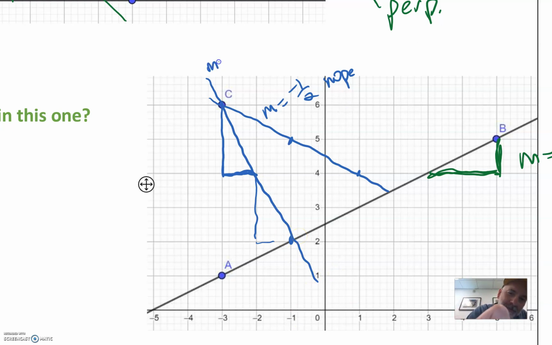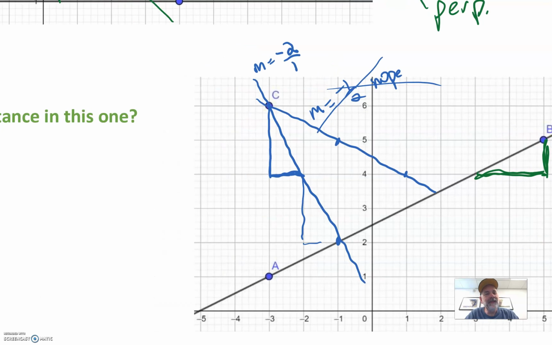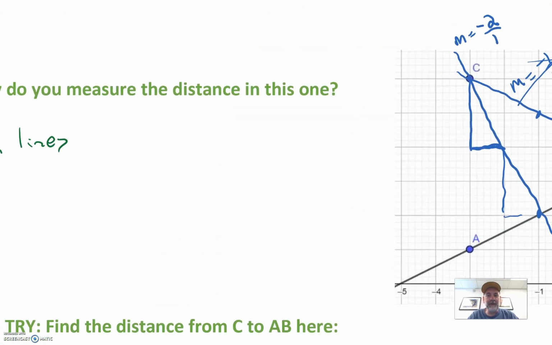This slope needs to be the opposite sign, but it also needs to be steep, and it turns out the slope we need is -2/1. So the other one was not correct. That was the obvious idea, but it looked wrong, and I could tell. But now when I go 1/2 and -2/1, I look at those and go, wow, that's totally perpendicular. So now we could measure the distance.